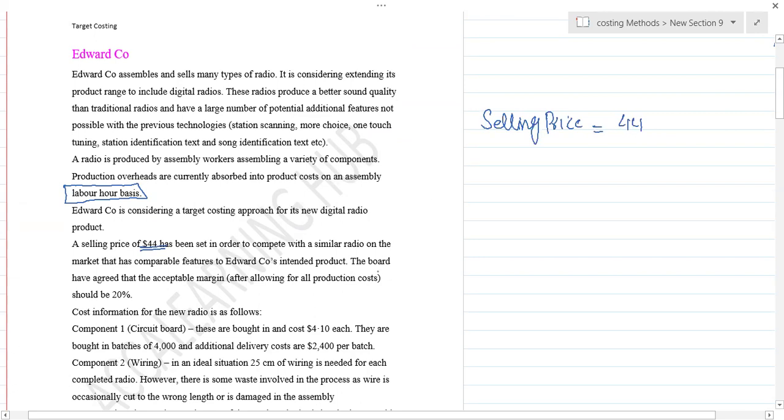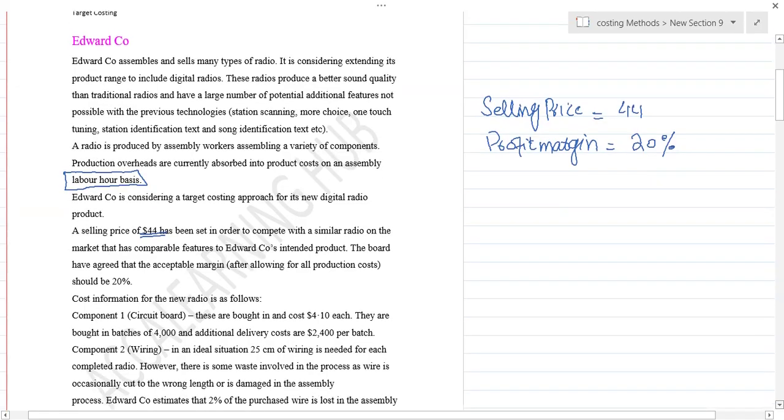Then the board has agreed that the acceptable margin after allowing for all the production costs should be 20%. Your profit margin is 20% of sales, of the selling price. Okay. As it is mentioned, the margin is taken on the sales.